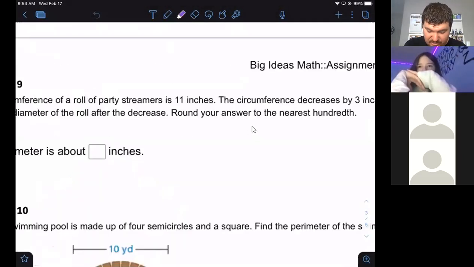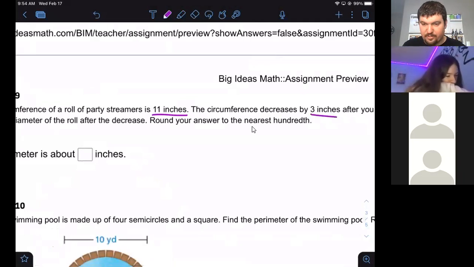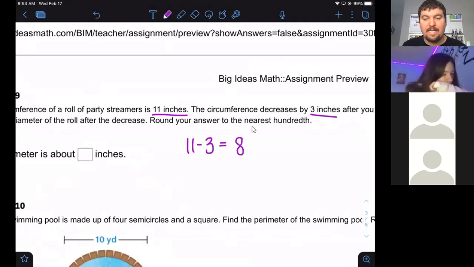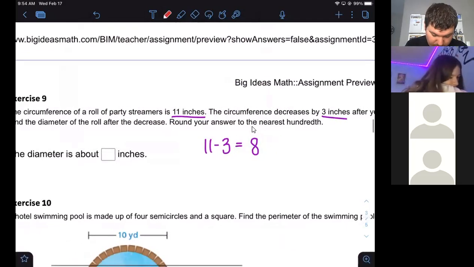The circumference starts at 11 inches and then it decreases by 3 inches. So what's 11 minus 3? 8. Okay, so the circumference of the party streamer roll is 8 inches. It wants us to find out what the diameter of the roll is.